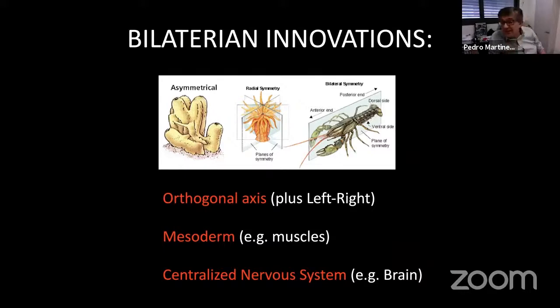And these are essentially three kinds of innovations that came with the origin of bilaterian animals. One is obviously the invention of an orthogonal axis.